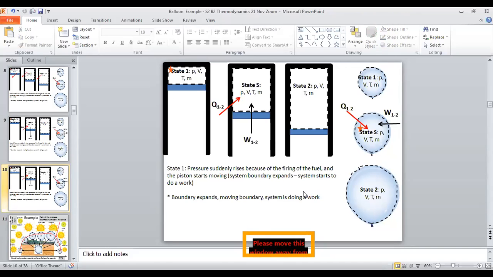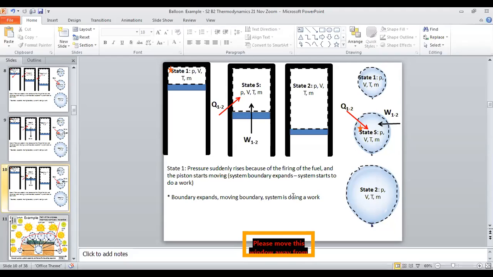Then you can see here in a closed system, mass M has no change. Volume expands, meaning volume changes. Of course, pressure can differ. So P1, P2, V1, V2, T1, T2, M1, M2.